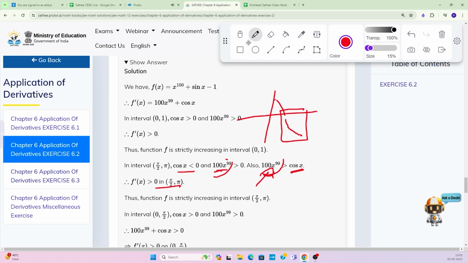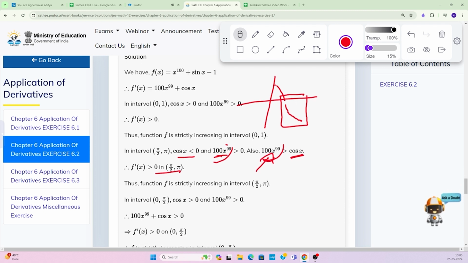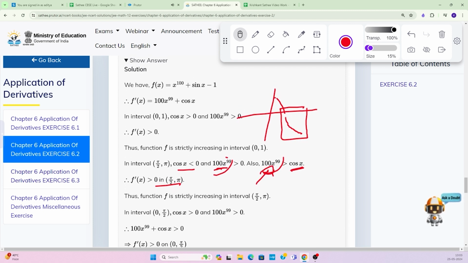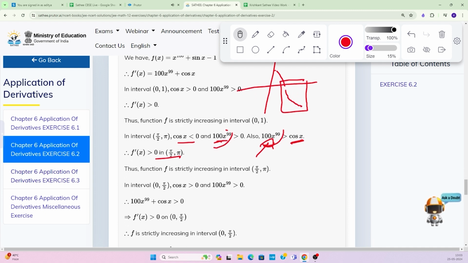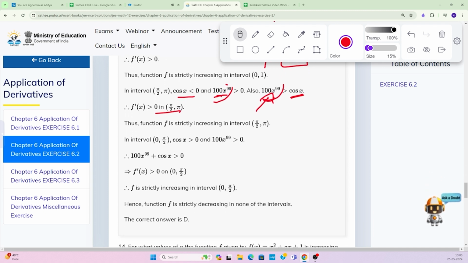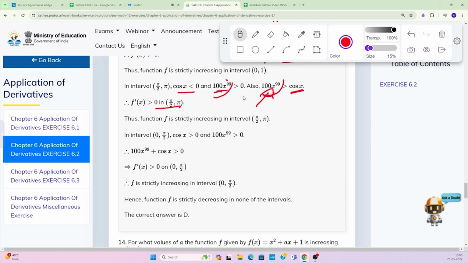So the output will be positive, and that's why you will have f dash x positive.